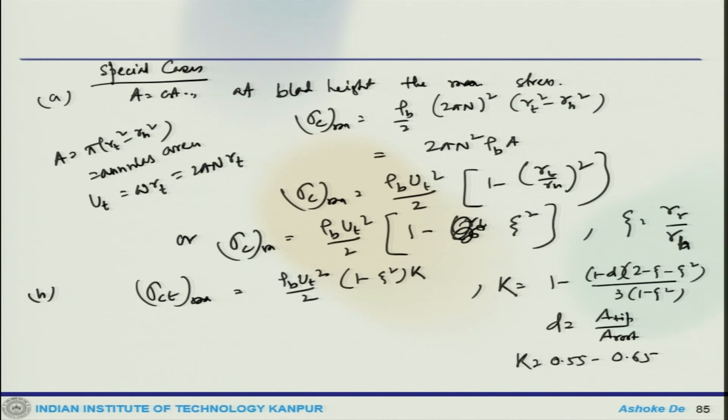And the other case could be where the area is inversely proportional to the radius. So, this would be constant by r, since r A r equals r t A t.